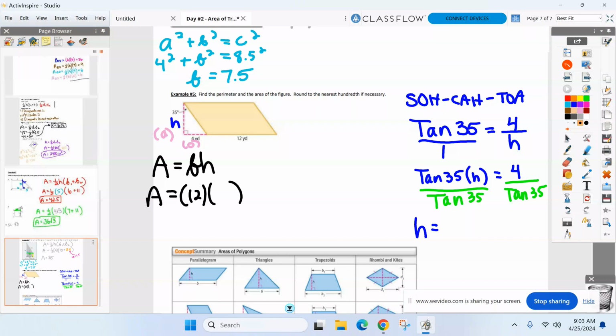And this we've said all year long, we don't round until the very end, right? So that long decimal that's staring you in your face right now, which is 5.712592027. We're not going to round it. We're going to plug it back in and multiply it by 12.